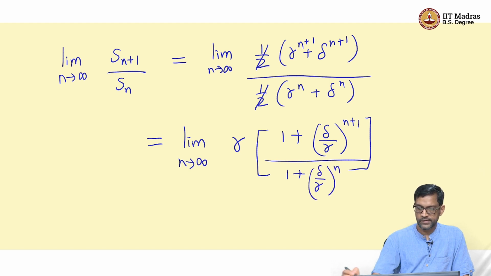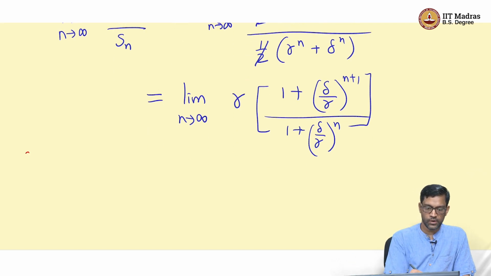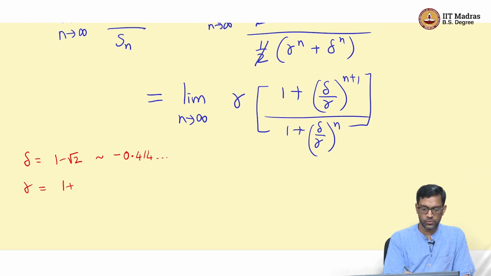And again delta, remember, is 1 minus square root 2 and gamma is 1 plus square root 2. So delta is approximately minus 0.414, and gamma is 2.414.